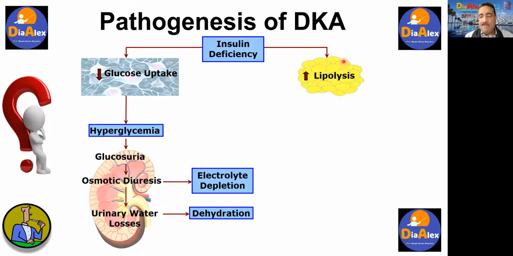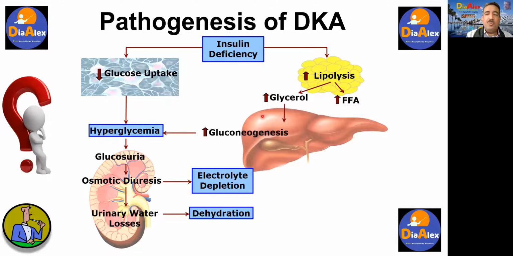So when there is lipolysis, the triglycerides will be degraded into their components, glycerol and the free fatty acids. Glycerol will pass through gluconeogenesis in the liver, and this will lead to formation of glucose, adding more to the hyperglycemia.